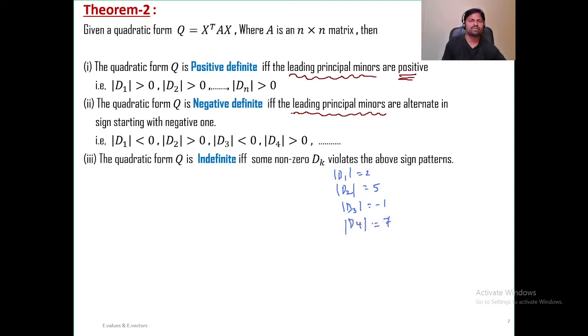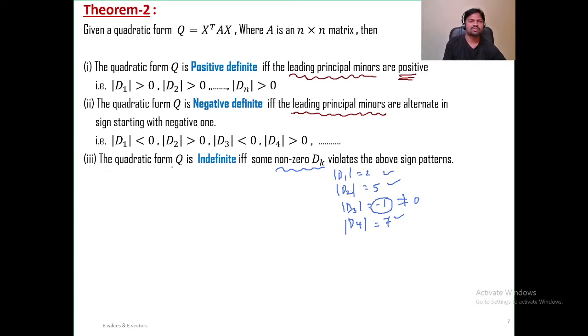Let us take a 4 by 4 matrix. All these are positive, but this one is violating the condition. See, this is non-zero only, right? That's what I'm telling here, some non-zero Dk. So this one, D3, here k is 3 for this example. So this one violates the condition. Which condition? The entire first condition is violated. Then such a matrix and its corresponding Q is indefinite.